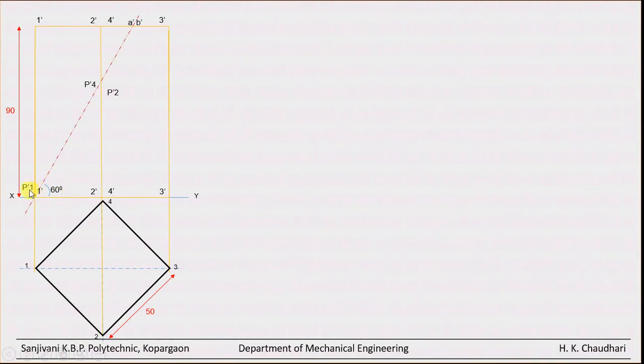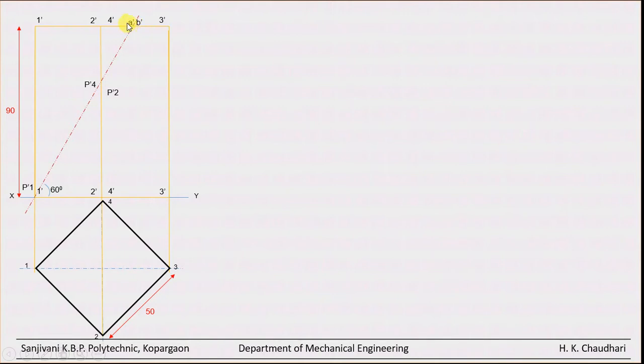Now just locate the points P dash 1, P dash 2, then P dash 4, where this section plane cuts the vertical edges of the prism. Now for this edge number 3, there is no cut by the section plane, so there is no point P dash 3. Clear?